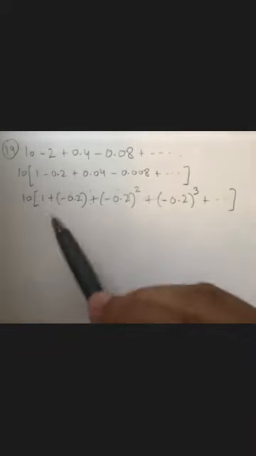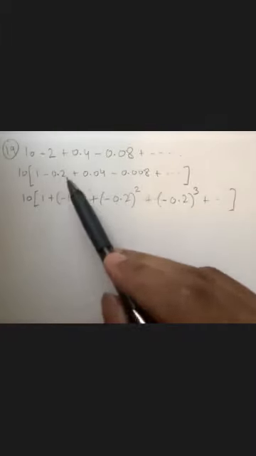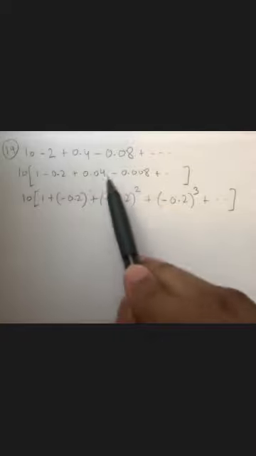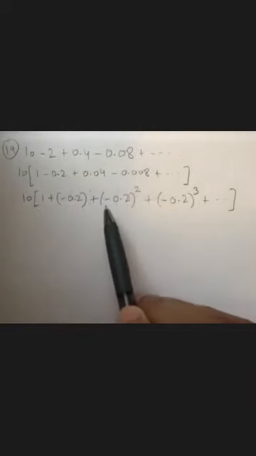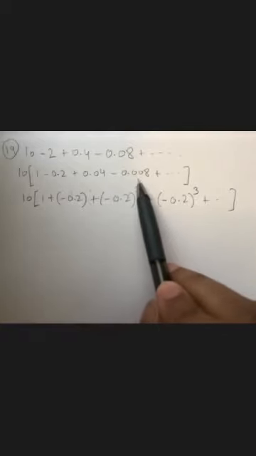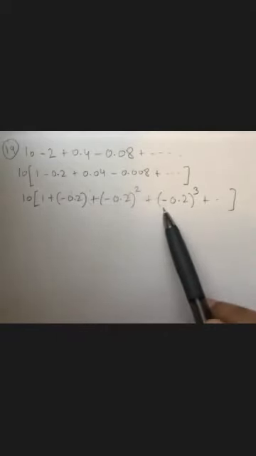So what we see is 1 is just 1, negative 0.2 is plus negative 0.2, 0.04 is negative 0.2 squared, negative 0.008 is negative 0.2 cubed.